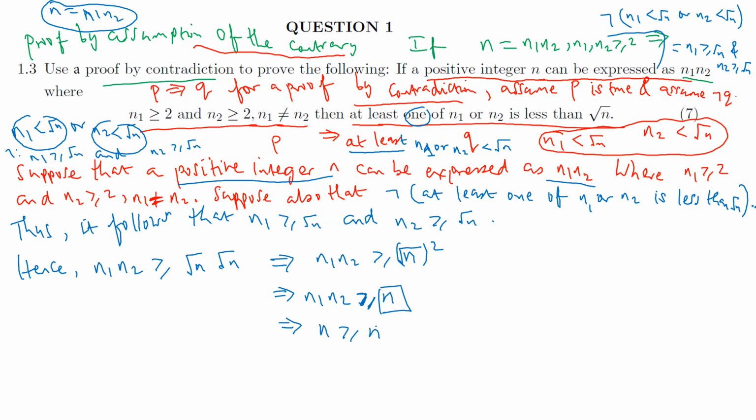So obviously, we understand that. n greater or equal to n means n is greater than n, or n is equal to n.